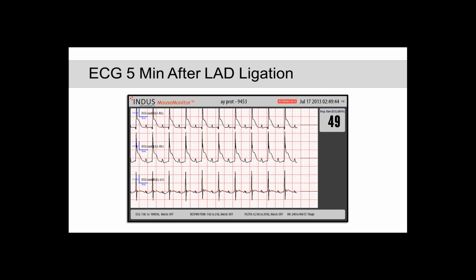Having the EKG to show, yes, you got it, or no, you didn't, is really helpful for us. Our surgeries typically take about 15 minutes, so it's not necessarily a prolonged anesthetic period, but having the mouse warm throughout that period is definitely beneficial.